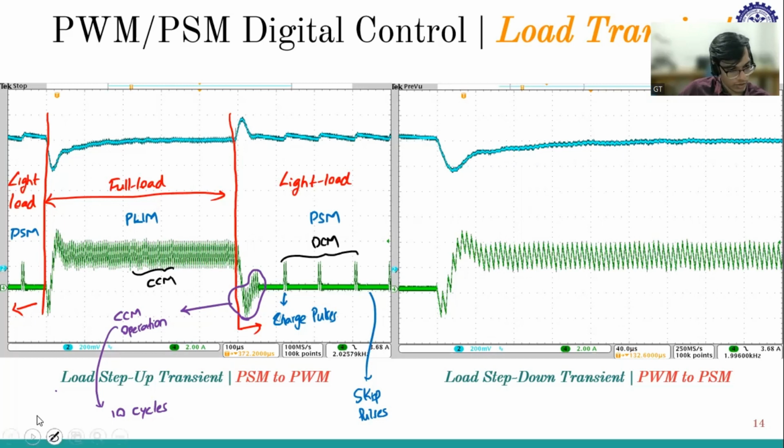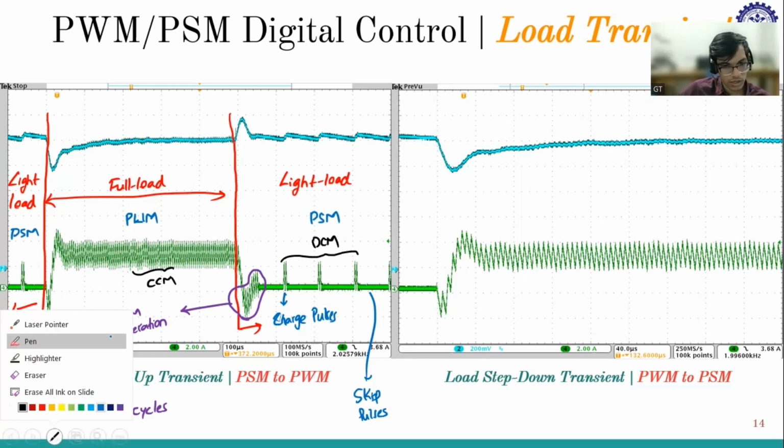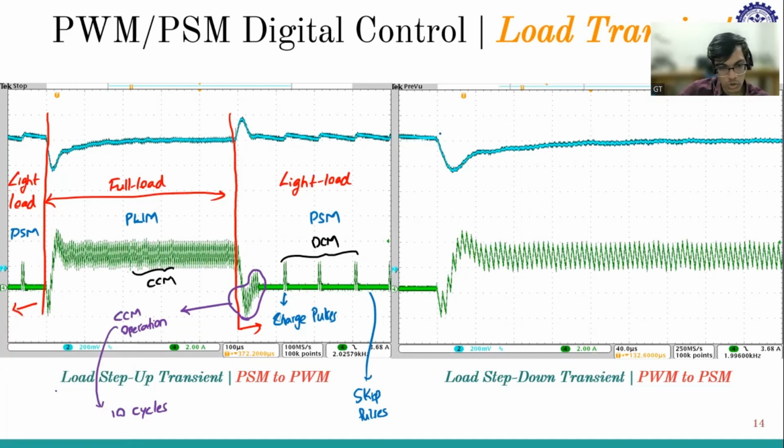Now, if we zoom in this part, we see that inductor current is actually going negative. Why? Because whenever it is operating in PSM operation, how the voltage will be?